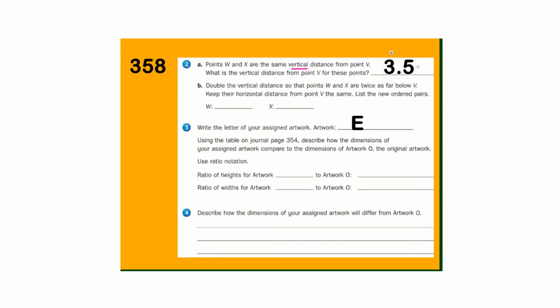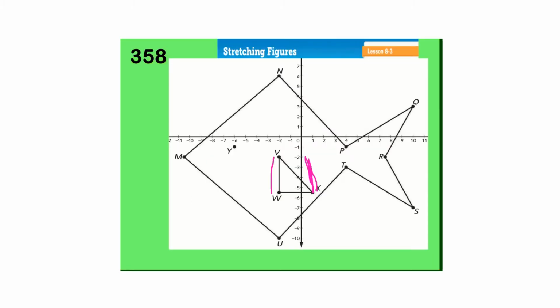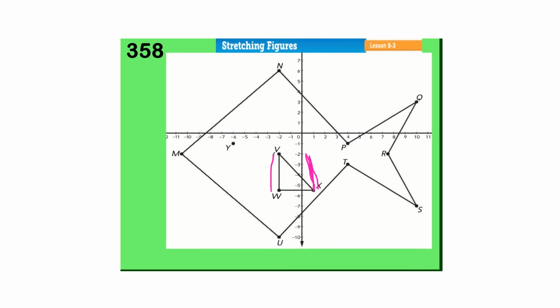Okay. So double this vertical distance so that W and X are twice as far below V. Keep their horizontal distance the same. So we're going to move that down twice as much. So if it's 3.5, if we're down here 3.5, we need to go down 3.5 more.